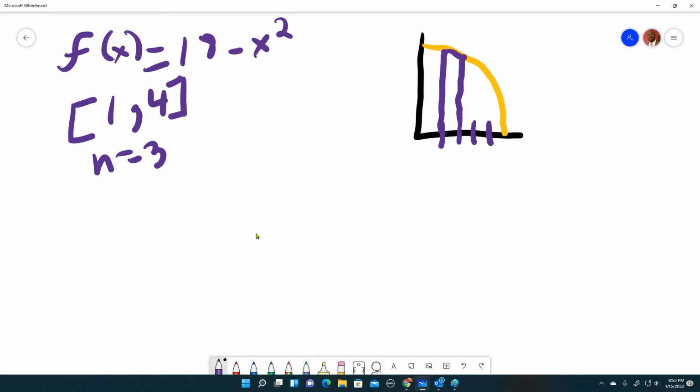I apologize, it's a very sloppy diagonal line, but I'm doing the best I can. And again, the next subinterval from 2 to 3, both guys are hitting the curve and diagonal line. And the next subinterval from 3 to 4, both guys are hitting the curve and diagonal line.